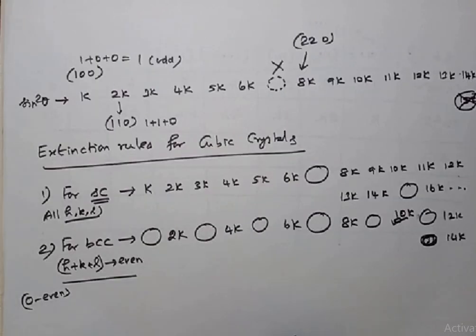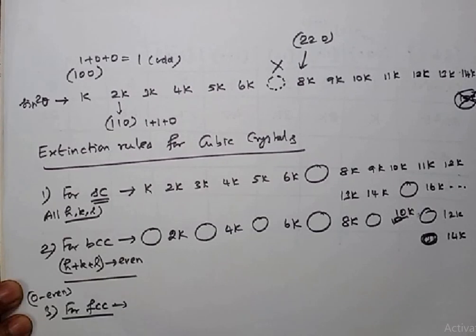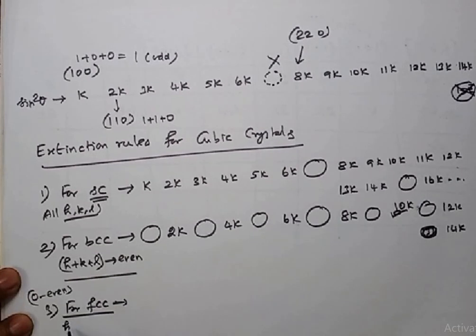FCC crystals. Listen, for FCC, face-centered cubic crystal, the HKL values should be either all odd or all even.